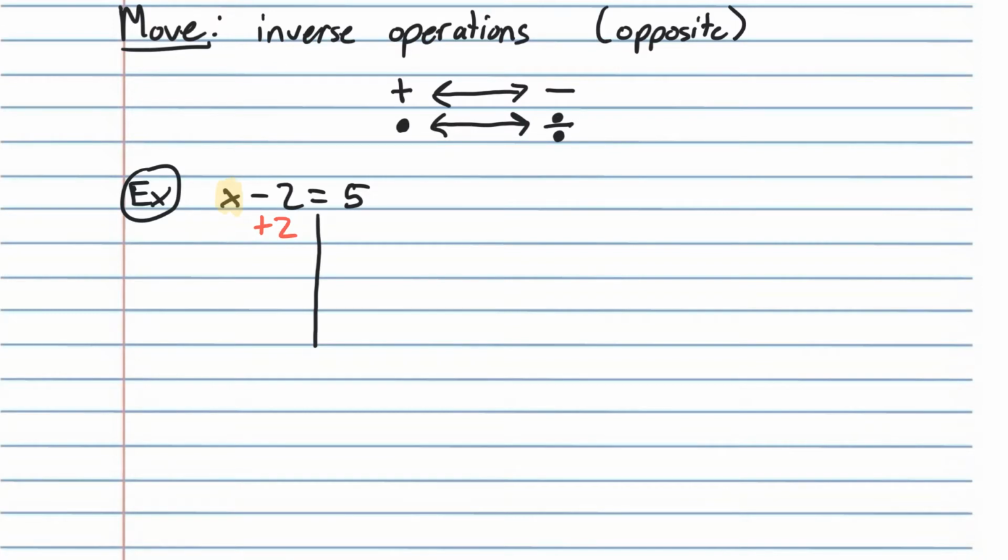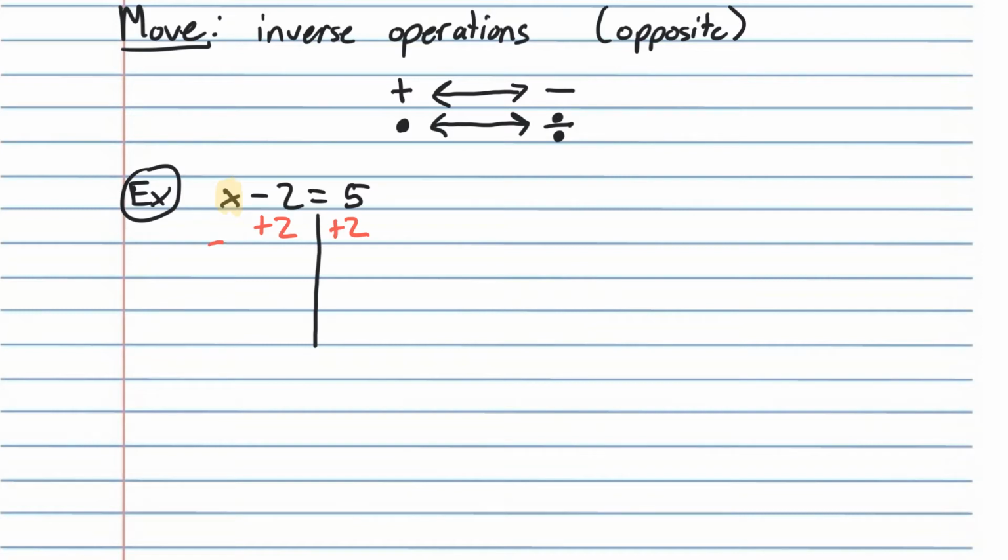So there's this big idea in Algebra 1 that whatever you do to one side of an equation, you have to do the exact same thing to the other side. So because I added 2 on the left, I have to add 2 on the right. And notice I lined it up, right? You line it up with like terms. So like numbers go with numbers. If you're moving variables around, like x's would go with x's, y's would go with y's, and so forth.